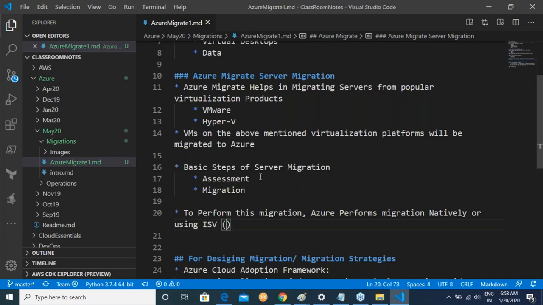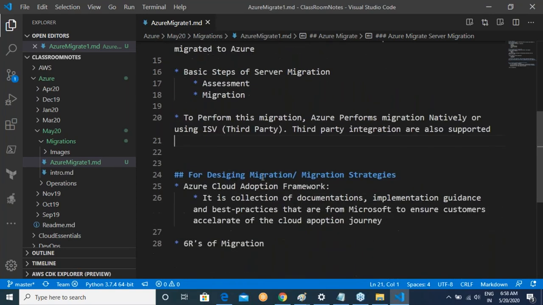ISV is independent service vendor, which you can call a third party. Third-party integrations are also supported. So whenever you are looking into Azure Migrate, you can do it completely using Azure itself. Let us look into some of the third parties.